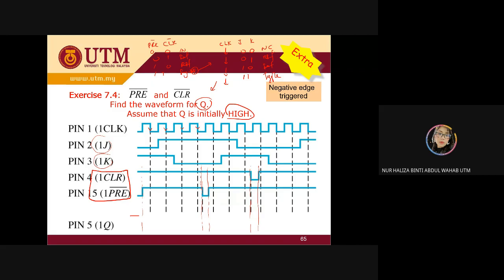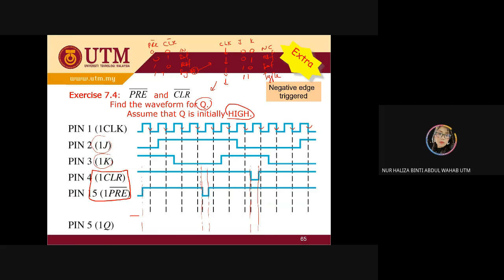Now, what happened? For now, I have all these clocks. First thing first, I'm going to look into my pre and clear. Now you can put all the values inside, but when I put them here, everything will be a mess because this space is too small for me.